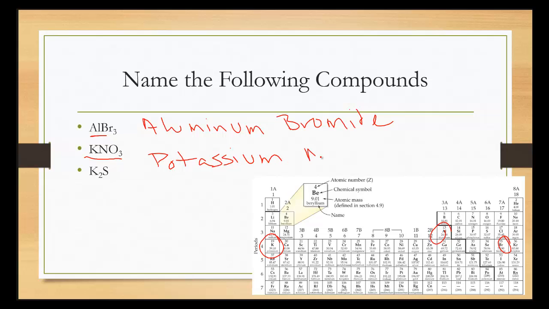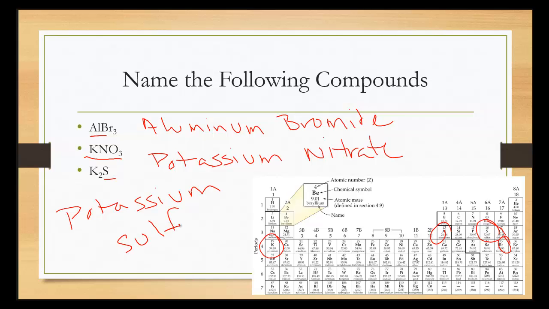And then finally we have K again, which is potassium, and 1 capital letter of sulfur, which then becomes sulfide. Notice on every single one of these, look at the squiggly line here. The first one was on the left of the squiggly line, the second one was on the right of the squiggly line. That's how I know I have an ionic compound.